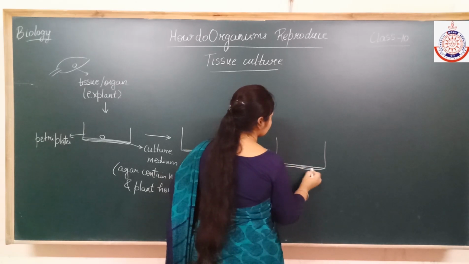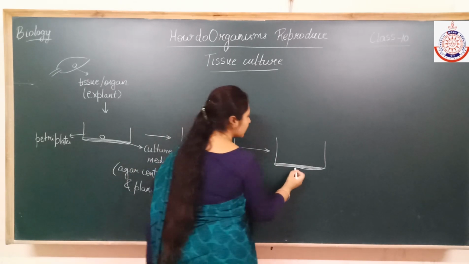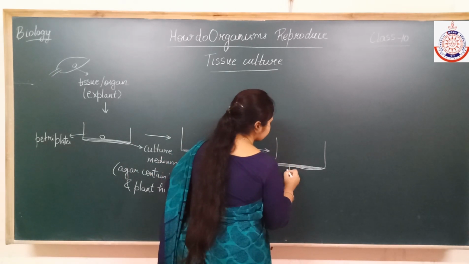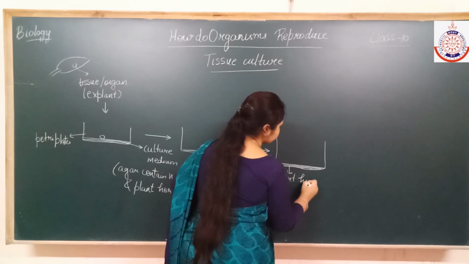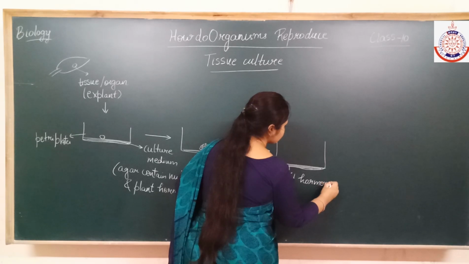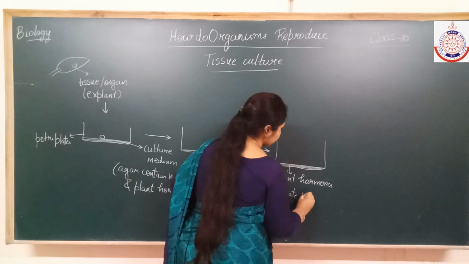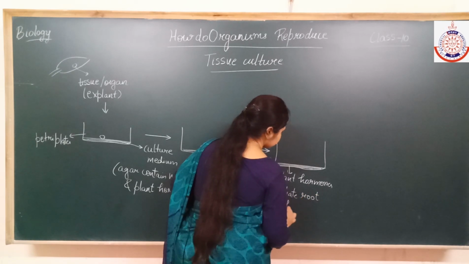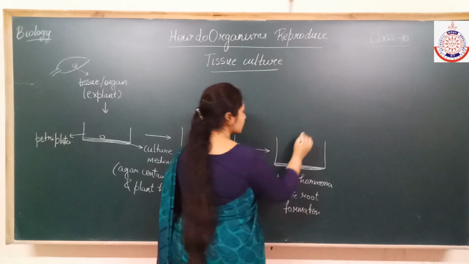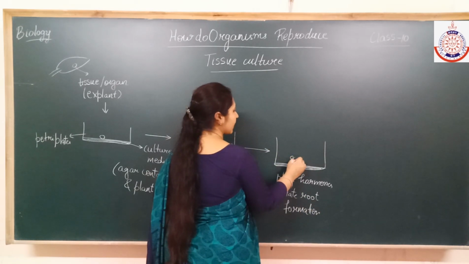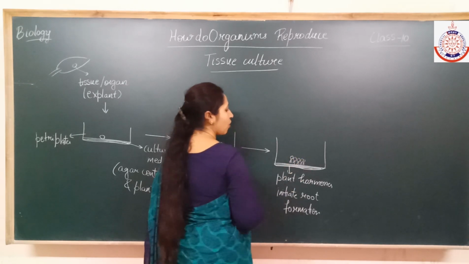Now this callus is transferred to the culture medium containing the plant hormones which initiate root formation. Okay. So now what happens? The roots will arise from the cells present in these tissues or organs.